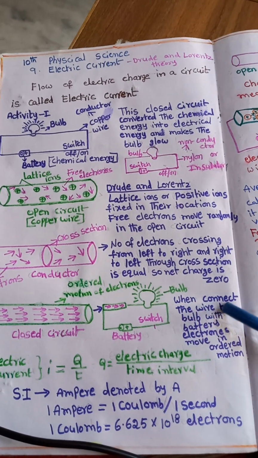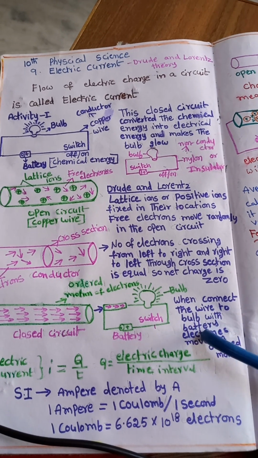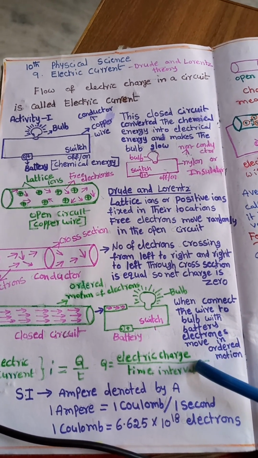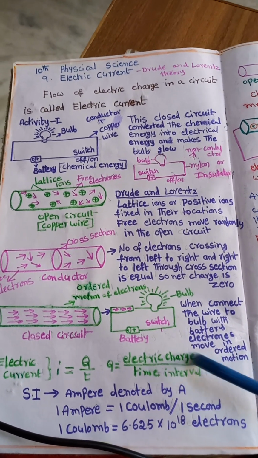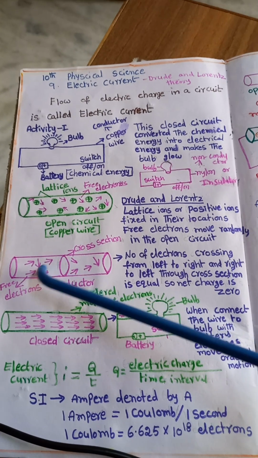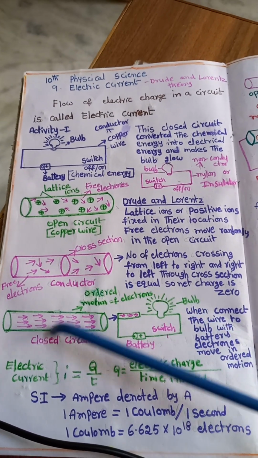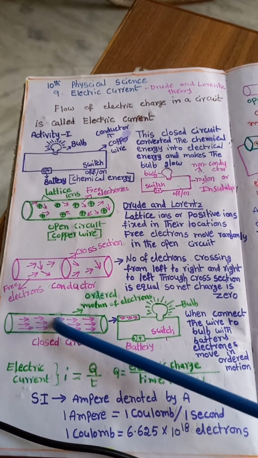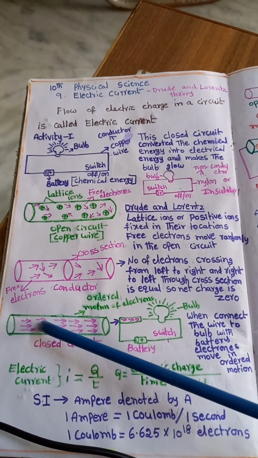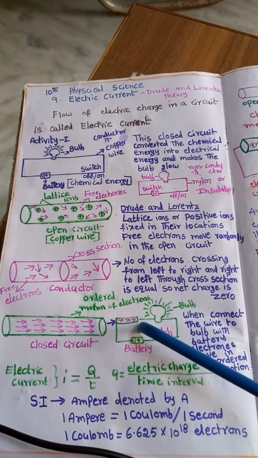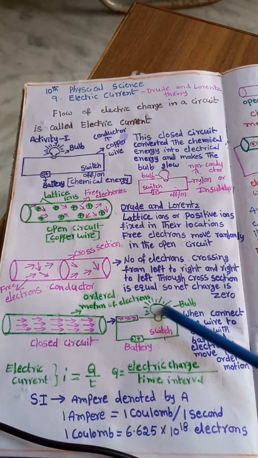In the first diagram, the electrons are in random motion. When we connect the battery, automatically the electrons move in orderly motion and make the bulb glow.